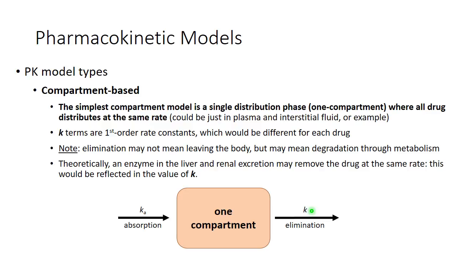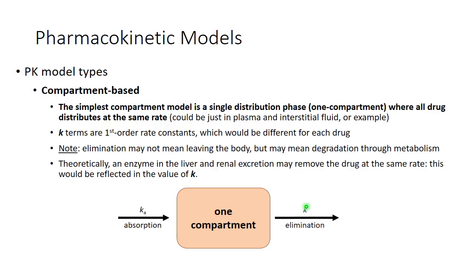Same thing with the elimination rate constant, the K or KEL. Whatever drug concentration we have in this compartment, and we're usually talking about the blood as where we're measuring it, the concentration of that compartment times the KEL gives us the fraction of drug eliminated.